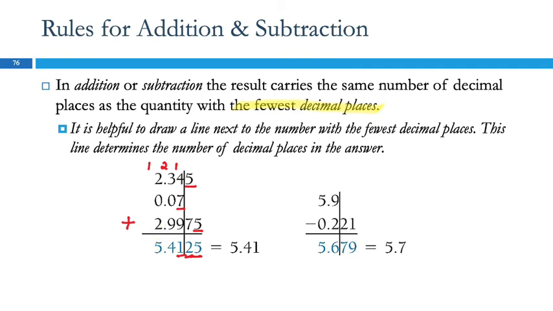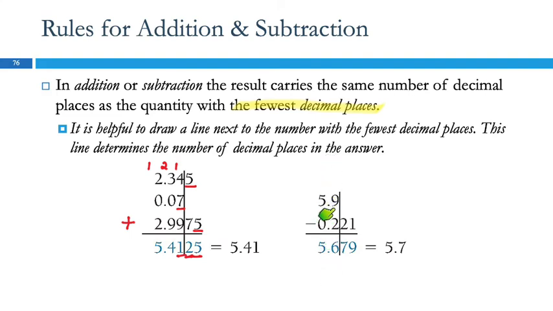An easier way, let's move over to this one. What's this line business? Well, you stack the numbers up like you're going to do it by hand, so the decimal points line up. And then you see, which number ends first? And you draw a line to the right of that.